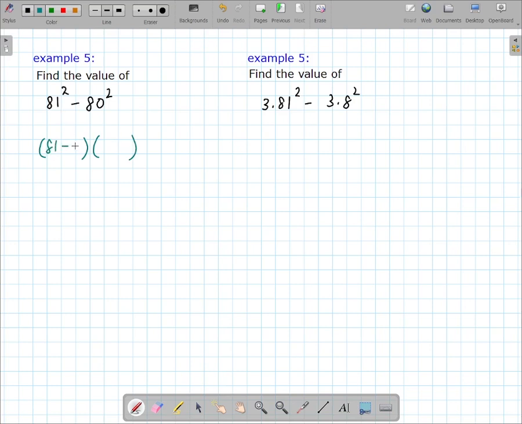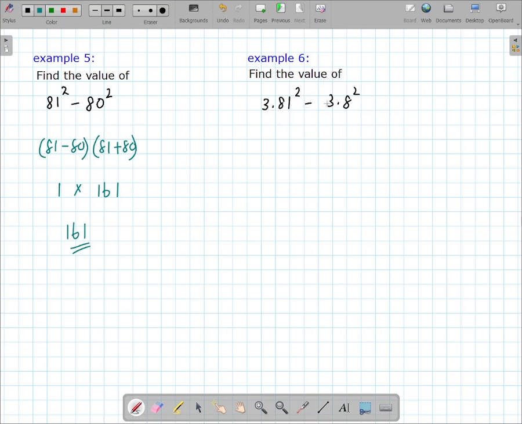First term minus second term, first term plus second term. Then 81 minus 80 is 1, times 81 plus 80 which is 161. So 1 times 161, that is 161.